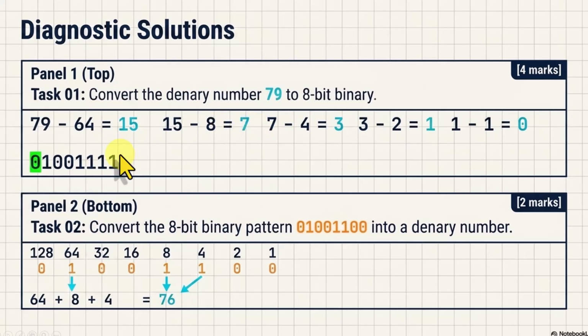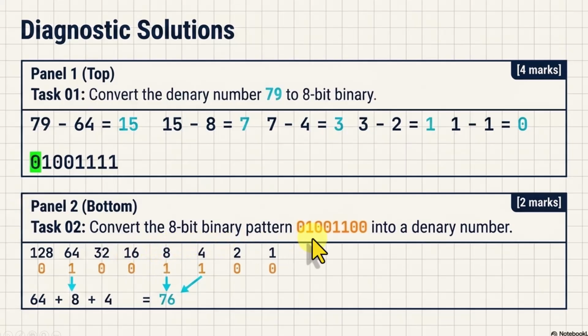Then the next one, 4 out of 7, obviously we can make 4, so again that is 1, and 7 minus 4 is 3. Then the next one, 2, out of 3 we can have 2, so 1, and 3 minus 2 is 1, and yes, we can have the 1 as well. So that is our final answer. If your answer is the same, well done. If not, then see where you made the mistake.